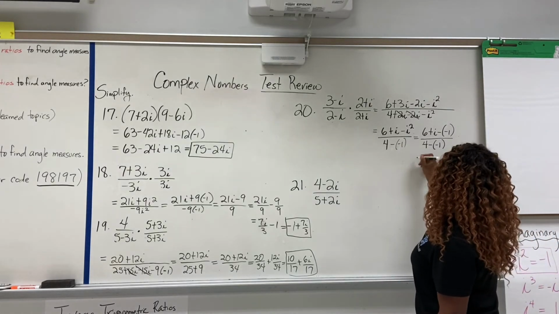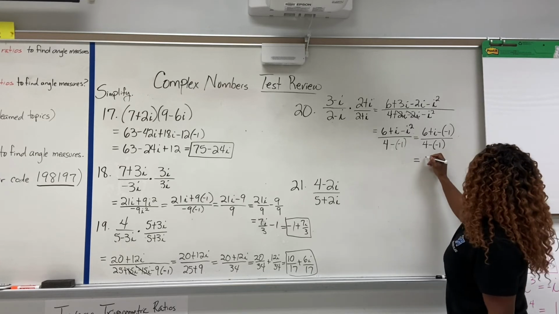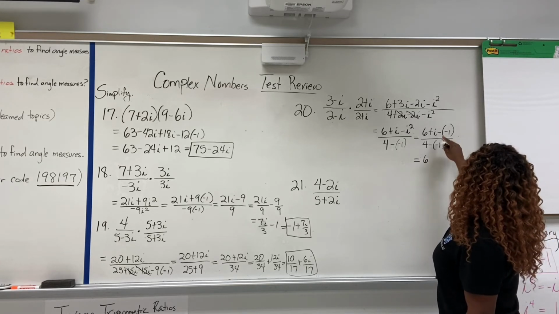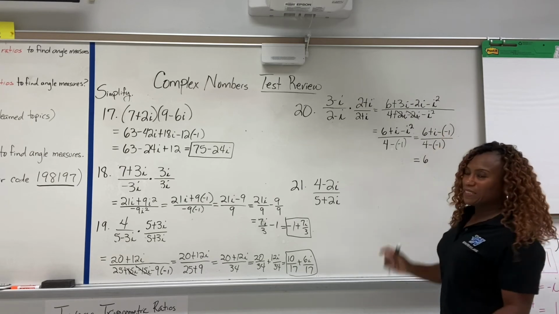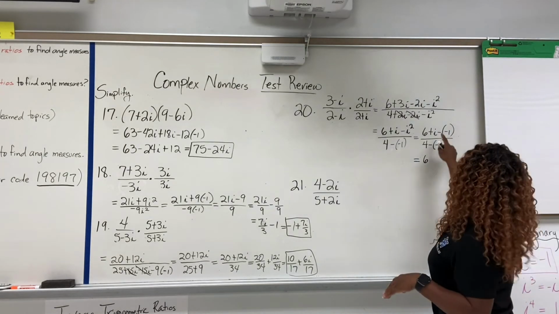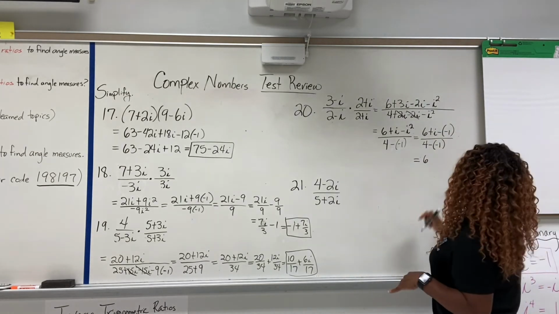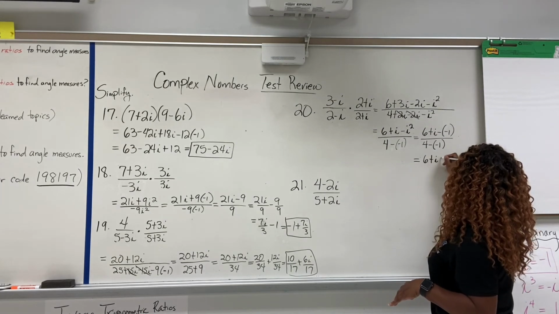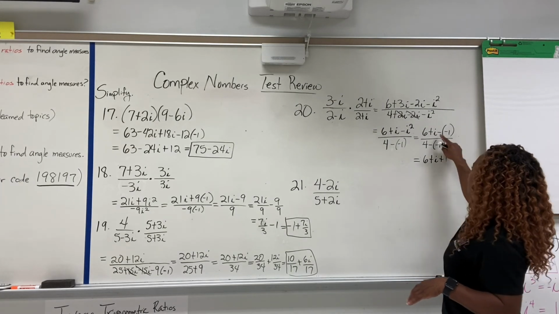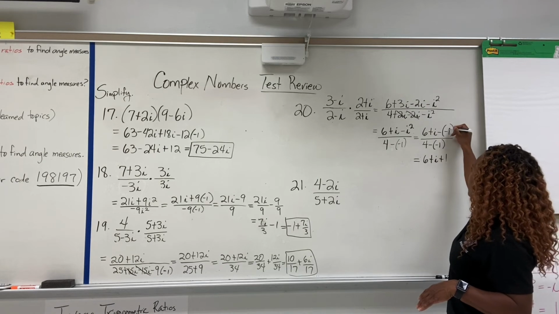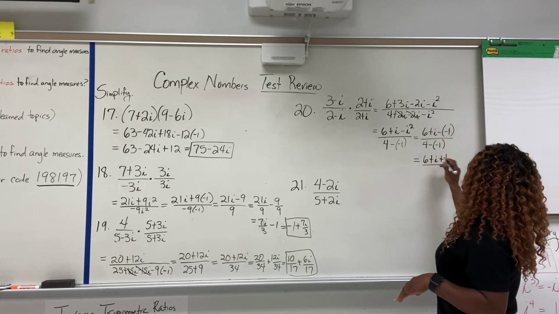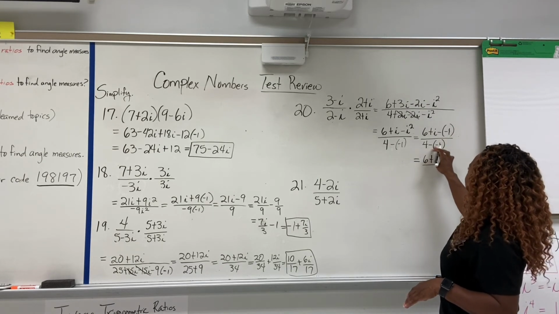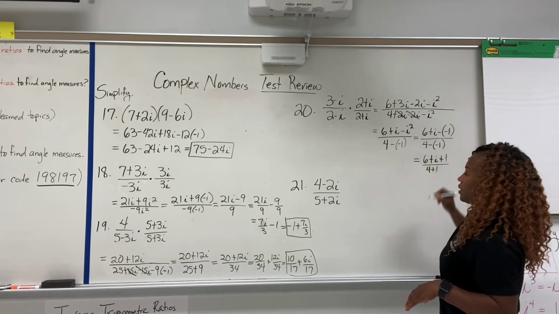Now, let's see what else we can do. So I've got 6, well, a minus negative 1. That's called a double negative. So a negative times a negative turns into a positive. So this becomes 6 plus i plus 1. Same here. 4 minus a negative 1 becomes 4 plus 1.